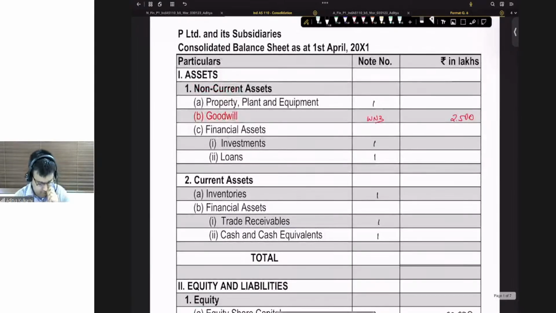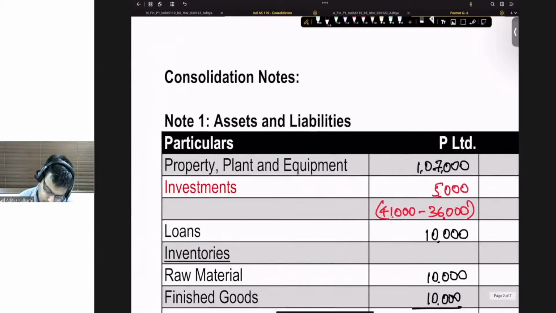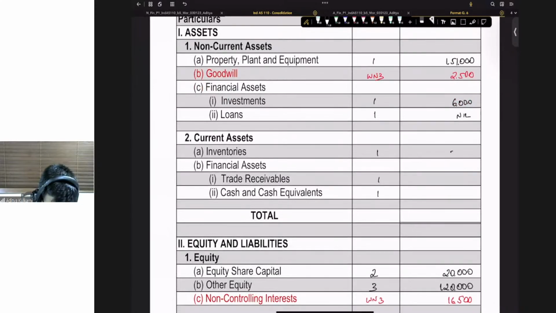Okay. So just go on considering them. 151, 6,000. Investments will appear at 6. Loans is 0. Inventory is appearing at 30,000. Trade receivables 18,000 and 3,000.